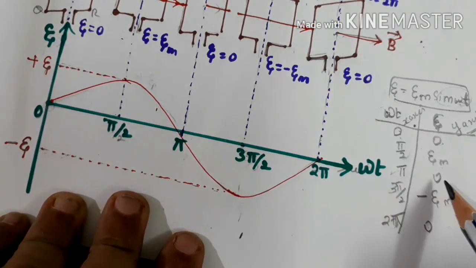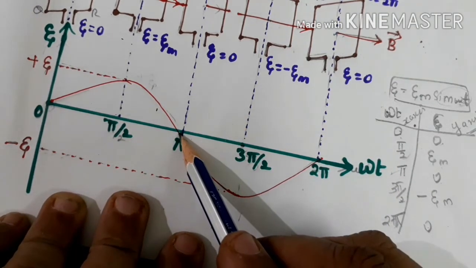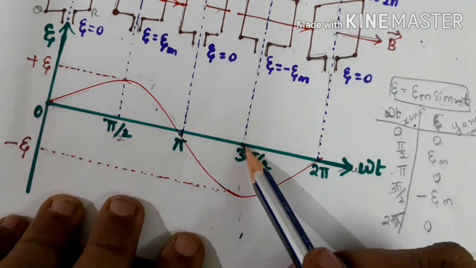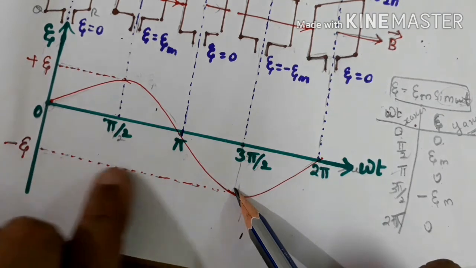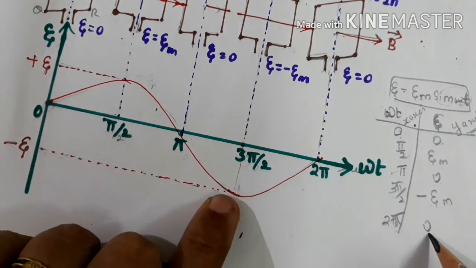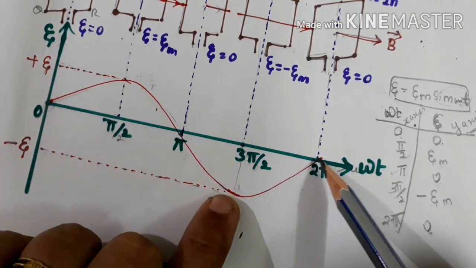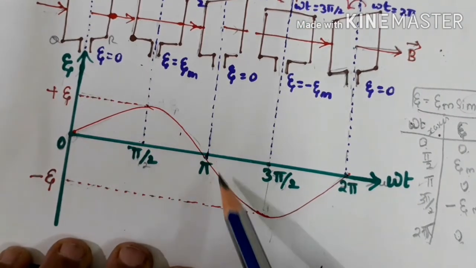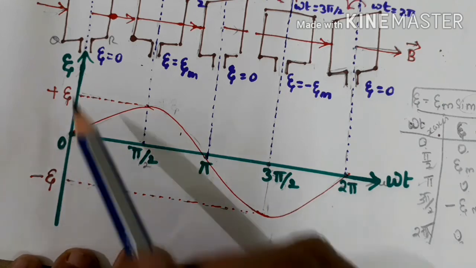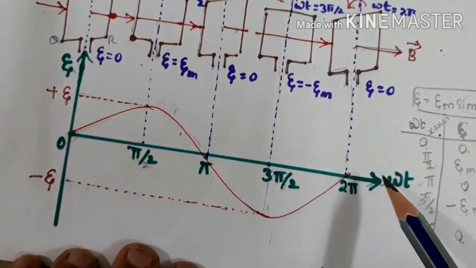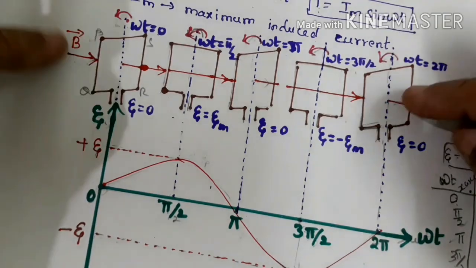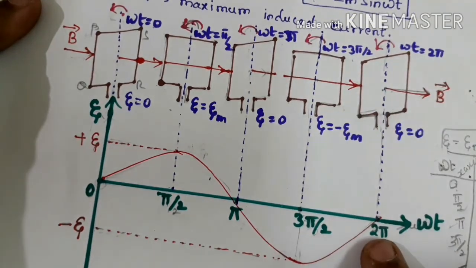Next is pi, 0 is here, 3 pi by 2, minus epsilon m is here, and 2 pi, 0 is here. So if you plot the graph, you will get this sine curve. That's why we say induced EMF is sinusoidal in nature. You see to it that below this diagram you draw the graph, children.